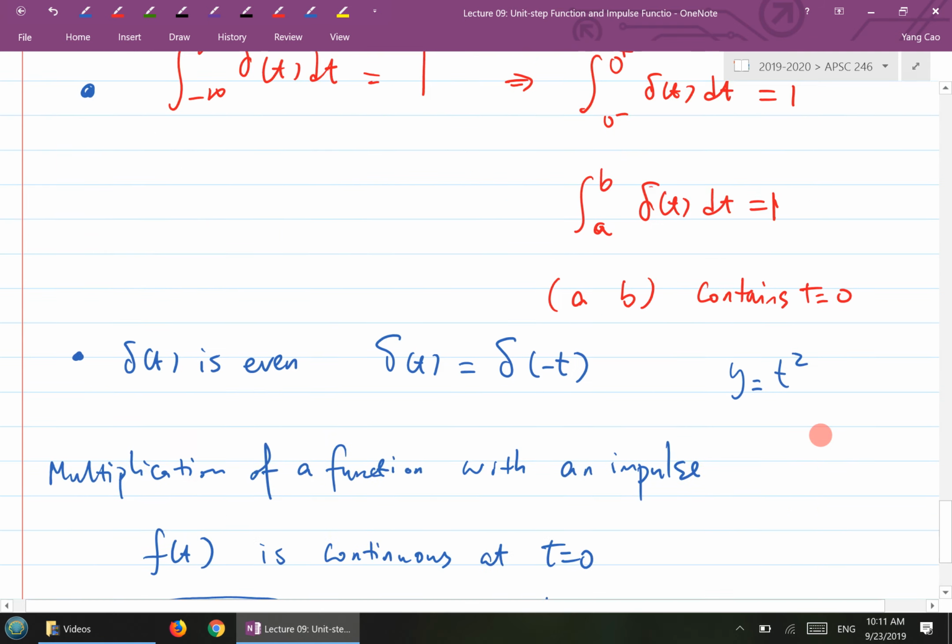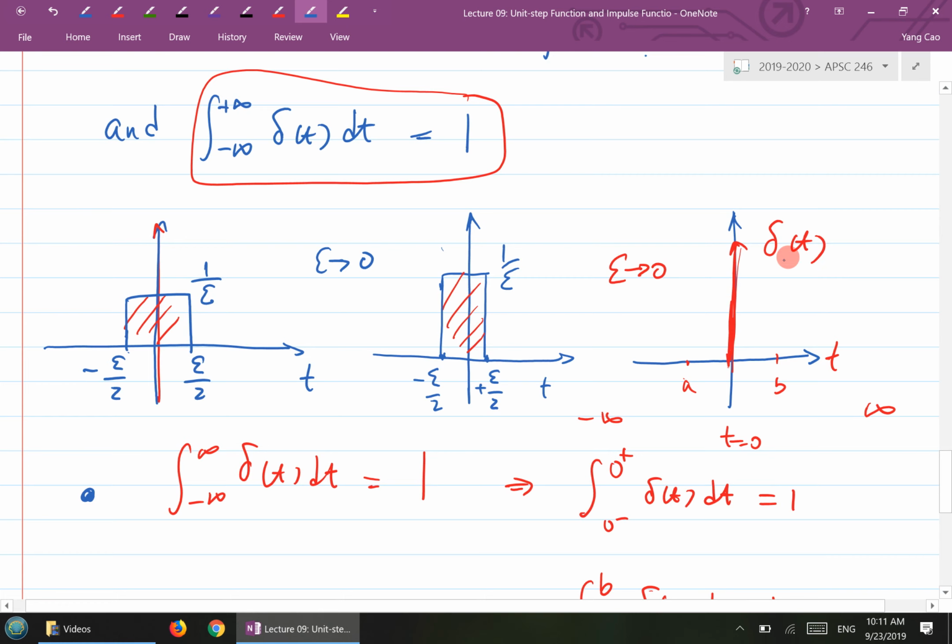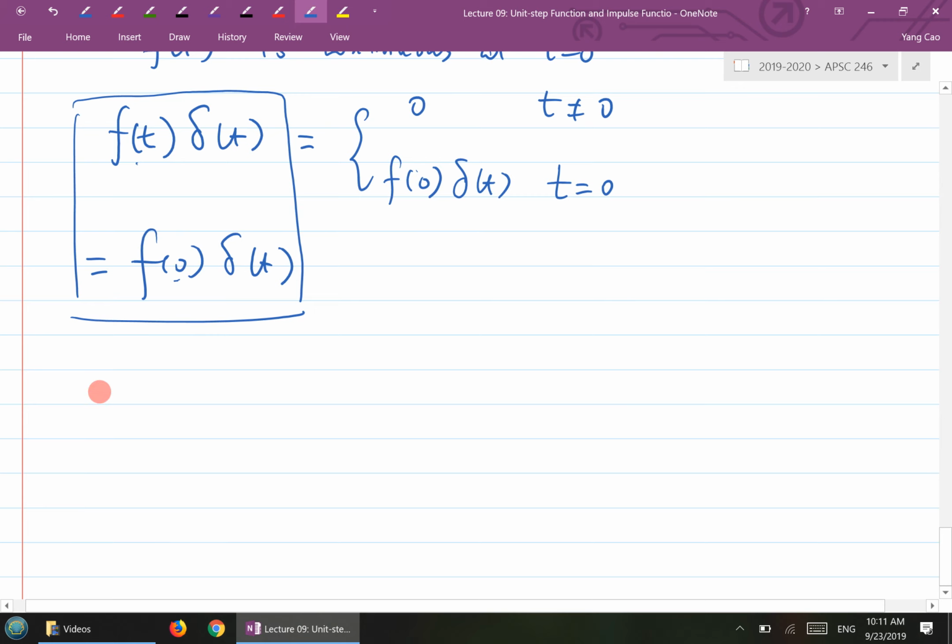We actually have to go back to the definition of delta t first. And this is delta t. The integral of delta t equal to 1 means the area underneath it is 1, what we call a unit area. So the area under delta t is 1.